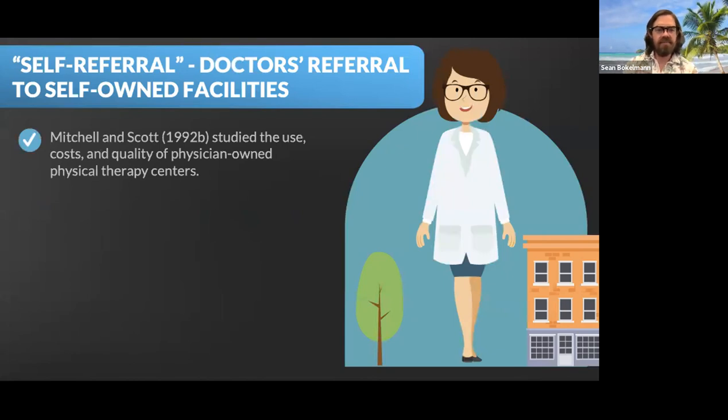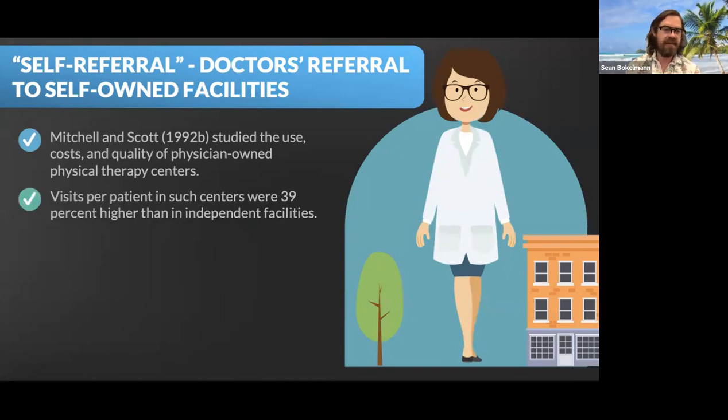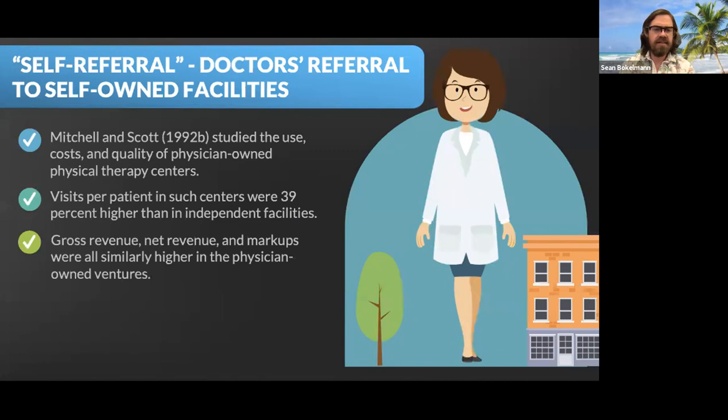In another study by Mitchell and Scott, they studied the use, cost, and quality of physician-owned physical therapy centers, so PT. Visits per patient in these centers were 39% higher than in independent facilities. So almost the same number that we saw 2 studies ago, that 40%. They also found that gross revenue, net revenue, and markups were all similarly higher in the physician-owned ventures.